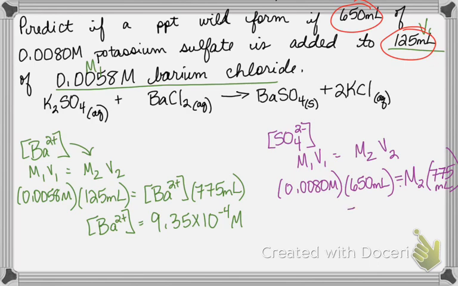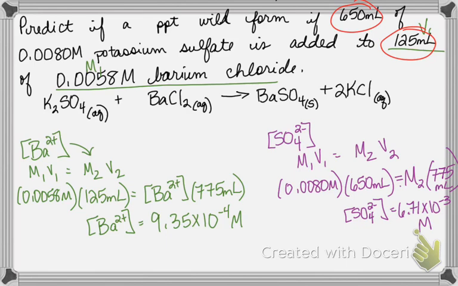So for the concentration of sulfate, I get 6.71 times 10 to the minus 3 molar. So when these are mixed, that's the concentration of the sulfate. It's always going to go down from what you started with because you're combining it with something else. You're diluting it, but you're not diluting it with pure water.